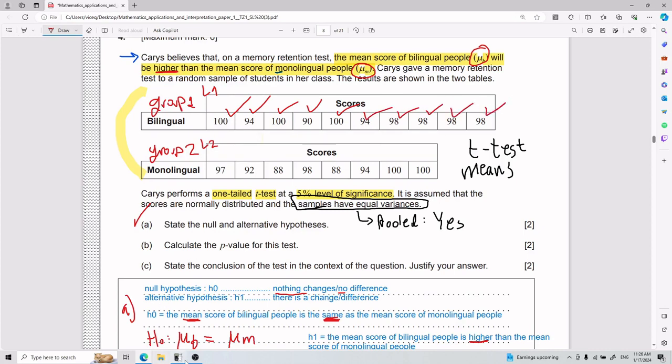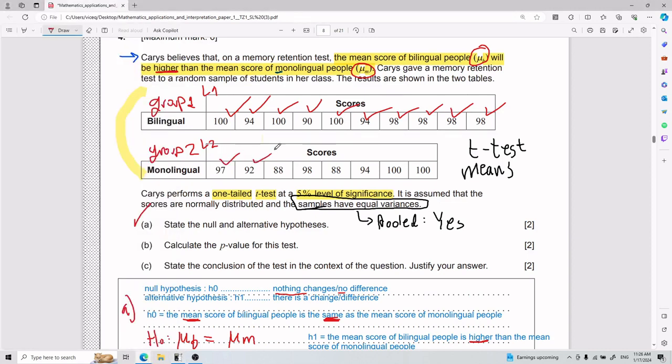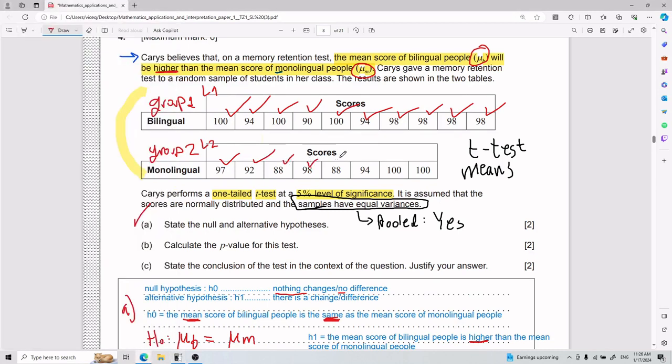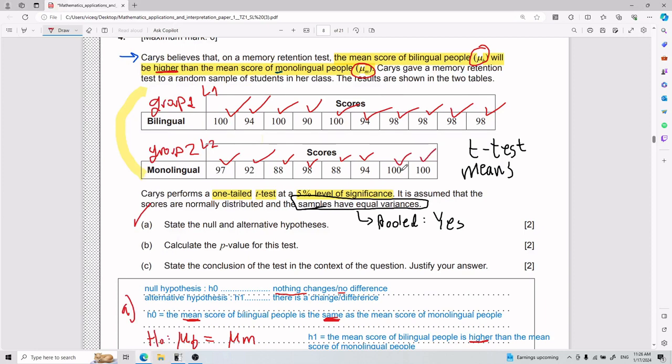For monolingual, go ahead and plug in 97, 92. That's these two here. Then we have 88, 98, 88, 94. That's these next four. Then the last 100 and 100, 100 and 100.